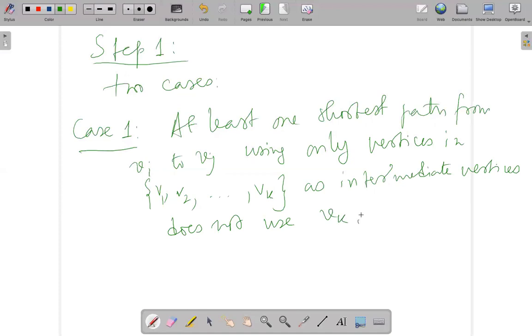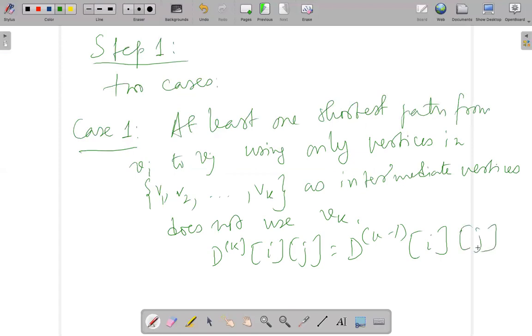Okay. So that means in this case, since you are not using vk in the set of intermediate vertices to construct the shortest path, you can very well say that dkij is nothing but dk minus 1 ij, because you have not used vk in your shortest path construction.